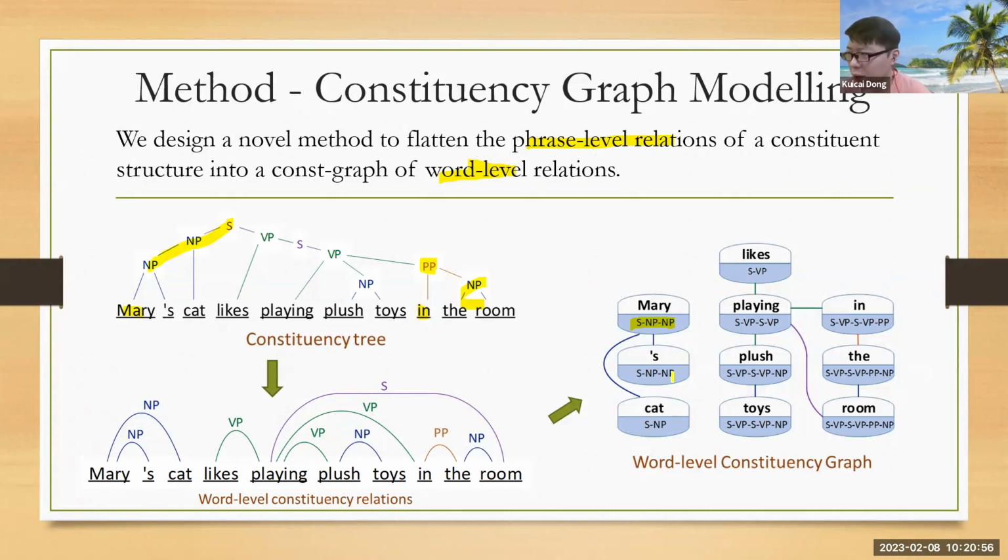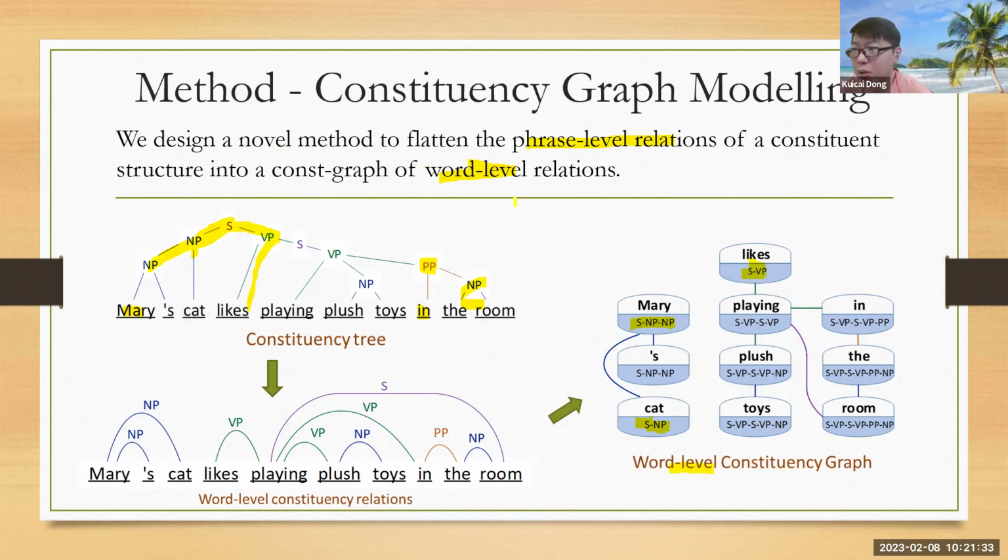Similarly, cat is from S to NP, so the constituency attribute for cat is S-NP. Then for likes it is S, VP, to likes, so this is S-VP. Those are the constituency information. By flattening the phrasal information, we still capture the constituency information. This is the word-level constituency graph that we have obtained.